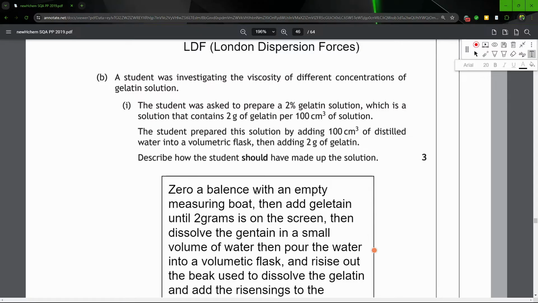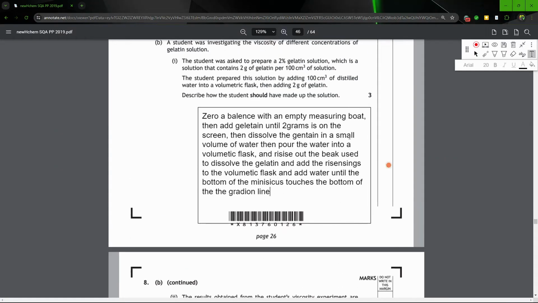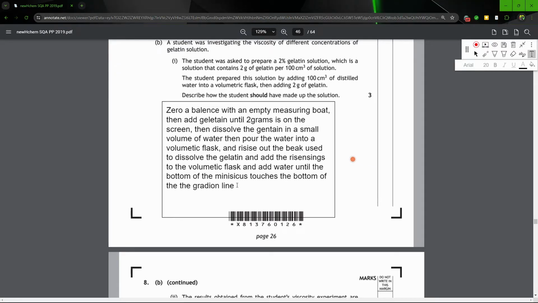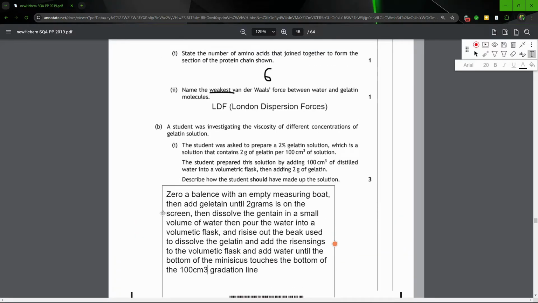And then add water until the bottom of the meniscus touches the graduation line. Right, I've made several spelling mistakes there due to not actually looking at the text I've been writing. But graduation line, and get rid of the second 'the' and put 100 centimeters cubed. Right, and that should be good.